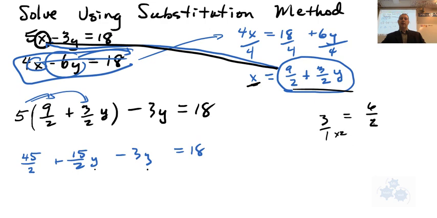I'm going to times 2 to get a 2 in the bottom, just like this fraction, and I'm going to multiply the top by a 2 as well. So I'm going to substitute this 3 for a 6 over 2. And so I have 45 over 2, I have 15 minus 6. What's 15 minus 6? Plus 9 over 2 y equals 18.